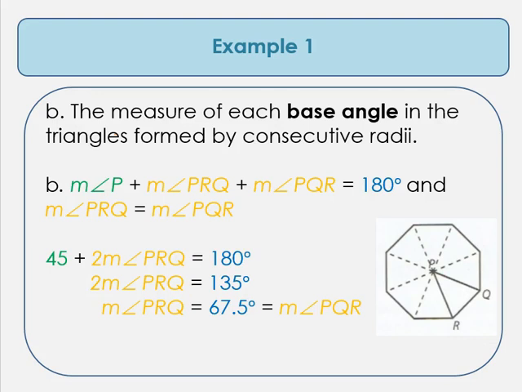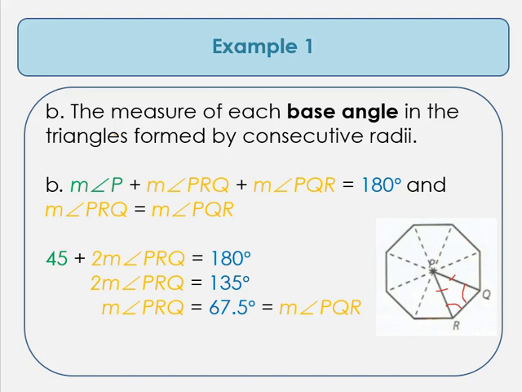The second part of that example, it says the measure of each base angle, and we are talking about these two angles because remember, this is an isosceles triangle. In the triangles formed by consecutive radii. So the measure of each base angle in the triangles is formed by these radii that we've drawn.